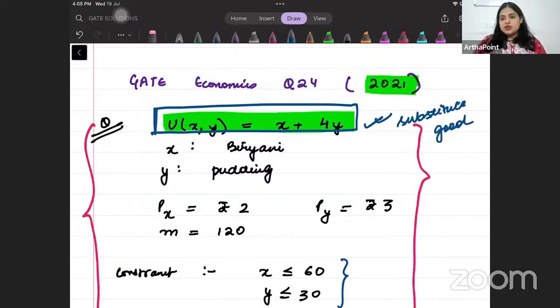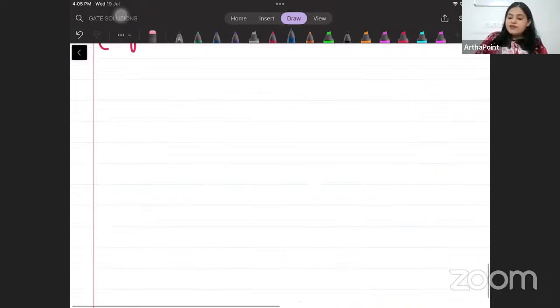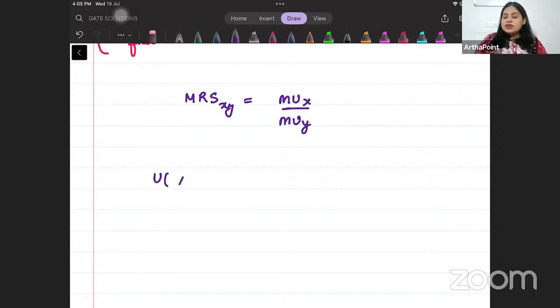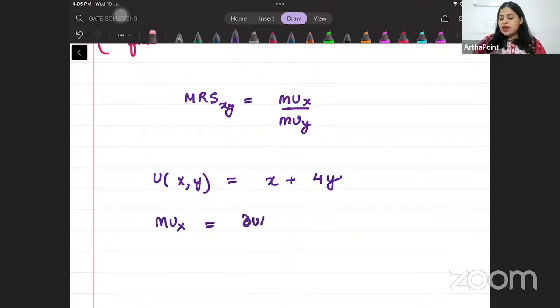If these are substitute goods, then what's the property we have? We will find MRS first. So MRS will be MUX by MUY. The utility function given to you is X plus 4Y. When you find MUX, you differentiate with respect to X and you get 1.